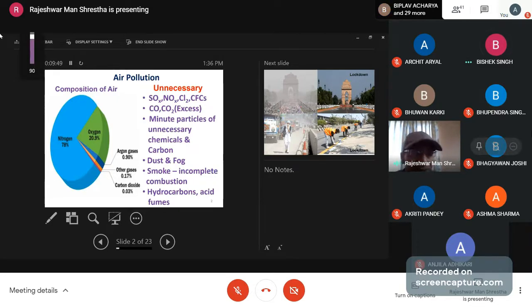Smoke is released in the atmosphere by incomplete combustion of fossil fuel or any organic matter, then hydrocarbons and acids. These are not required in the air, but mainly due to human activities, they contaminate the air we breathe. Then that air is not suitable for breathing, but by force we have to breathe it. There is no alternative.